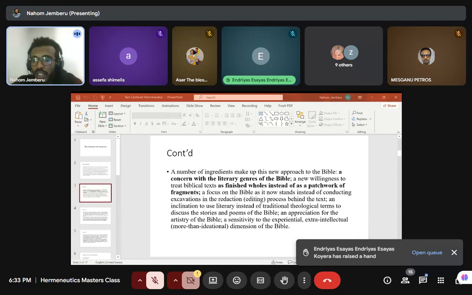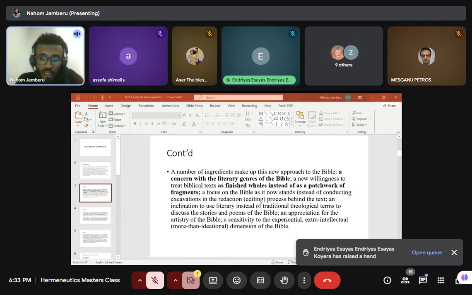For example, when it tries to understand Hebrew poetry, it tries to read the text in light of Hebrew poetry of that time. When it tries to understand Hebrew narrative, it tries to understand the biblical material based on the standards of Hebrew narrative of the biblical time.